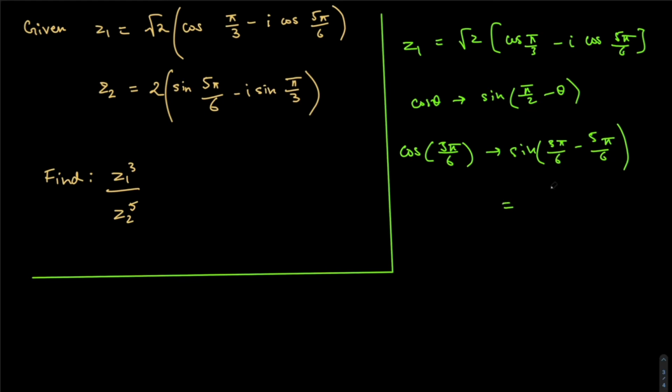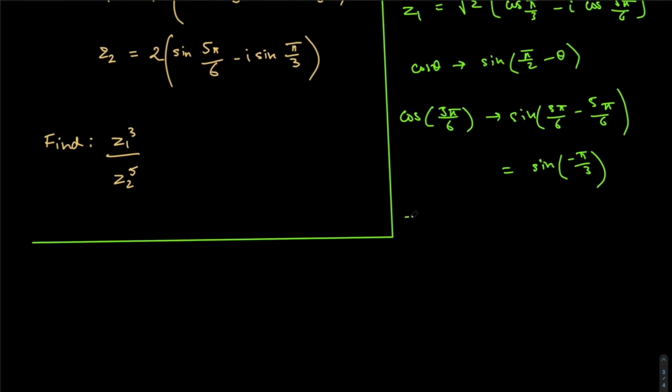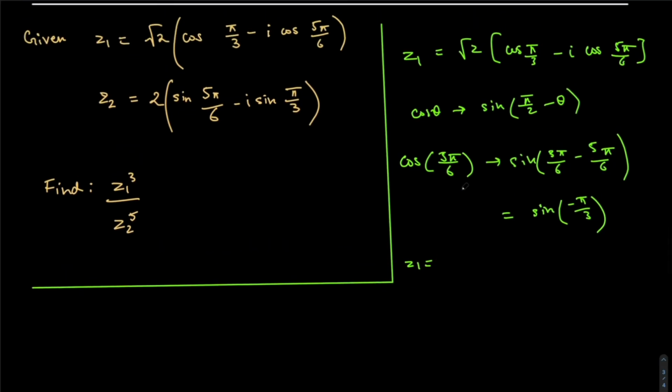So minus 2 pi upon 6 is minus pi by 3. So I'd have sine minus pi by 3. So now if I put it back, I'm going to have z equals square root of 2 cosine of pi by 3 minus I sine minus pi by 3.